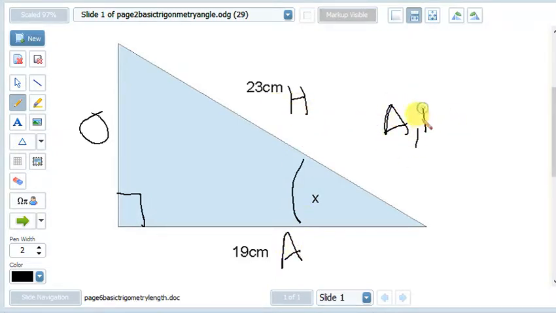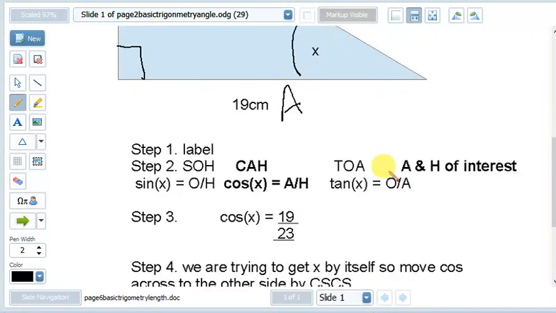And if we write down our SOHCAHTOA, which is our general formula, what we're after is the one with the A and the H in. That kind of looks like Australia in a way, that shape. Anyway, so we're looking for the one that includes A and H, and in this case that is cosine.